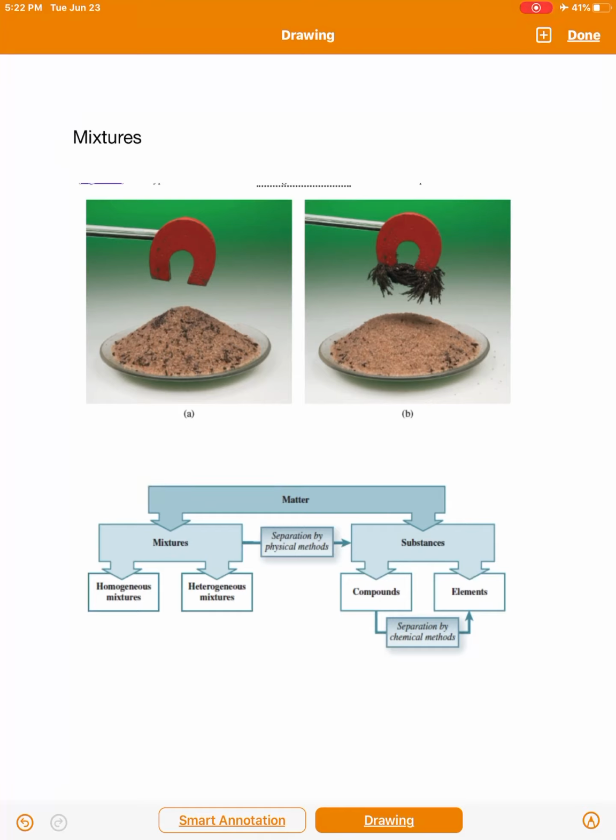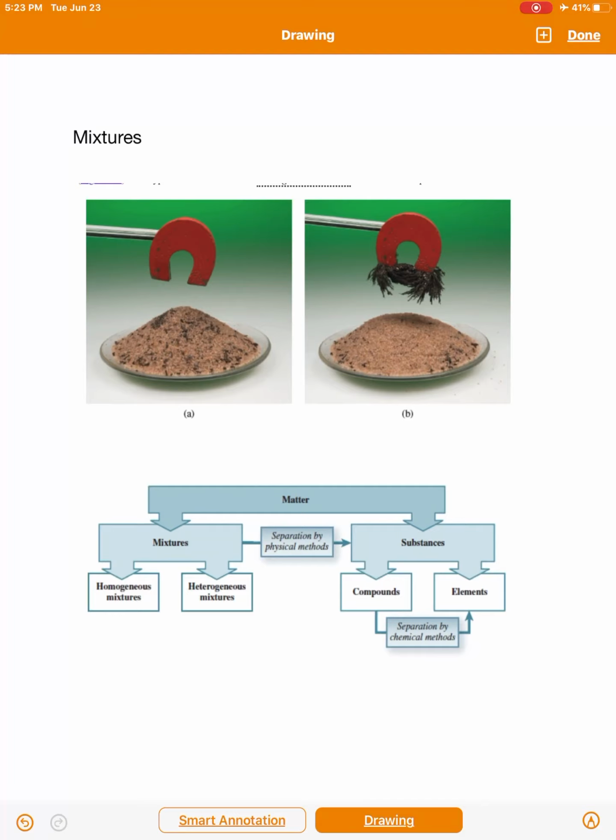This one would actually have many more than two, but for simplicity's sake let's say there are two substances here. There's iron, which is an element, and there's sand, which is silicon dioxide, which is a compound. So the two substances are being separated using a physical property called magnetism.